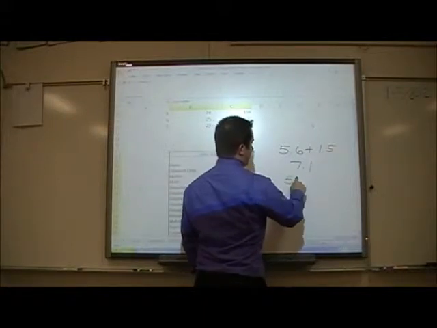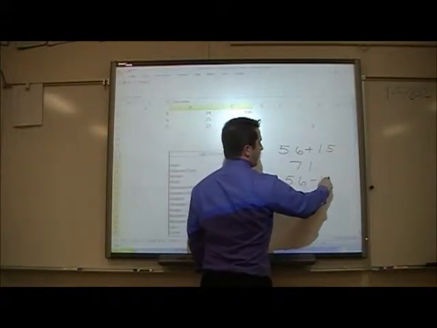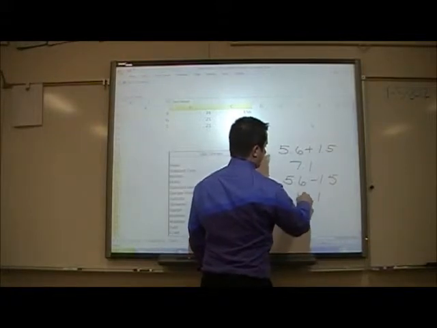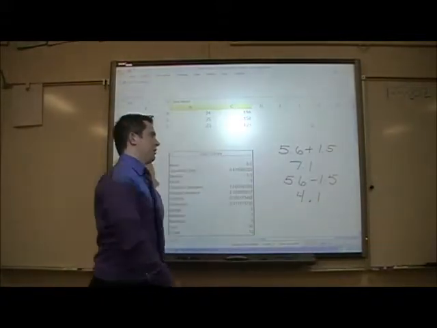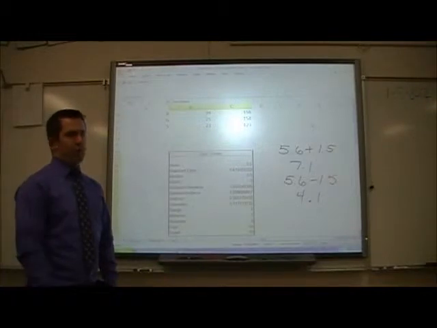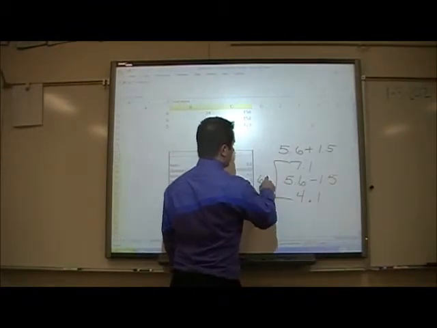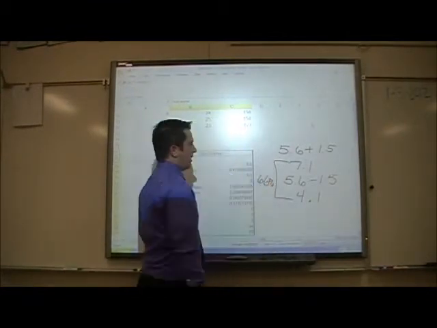If I take 5.6 and I subtract 1.5, I'm going to get 4.1. Okay? That means that 66% of my data is between these 2 points, 7.1 and 4.1.